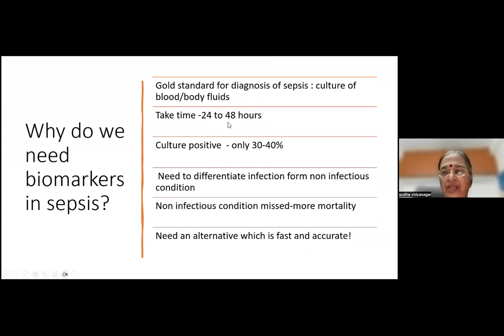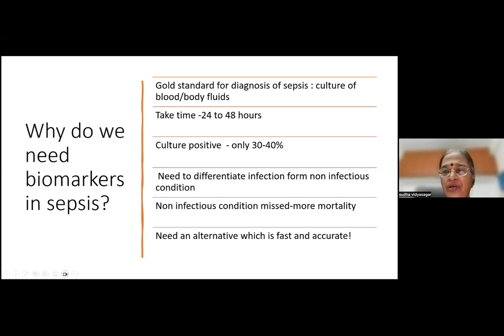If you're growing a culture, you can't make the bacteria grow in 1 hour. Maybe you can diagnose malaria fast, maybe you can diagnose some other diseases fast, but you can't diagnose a bacterial infection so fast. And even after you do the cultures, the culture is positive only in 30 to 40%. So even if you've done the culture right, the positivity is low.